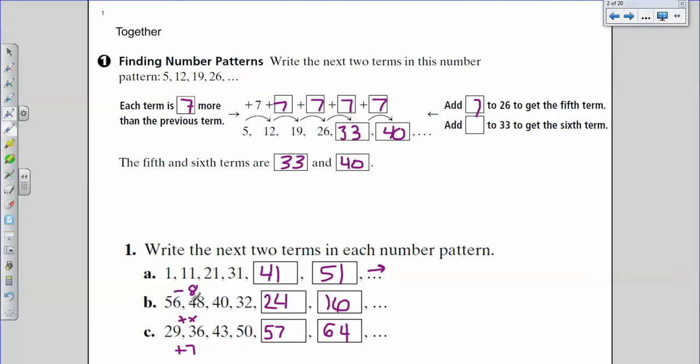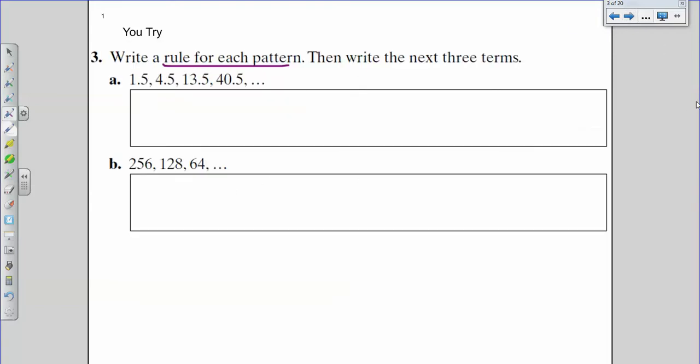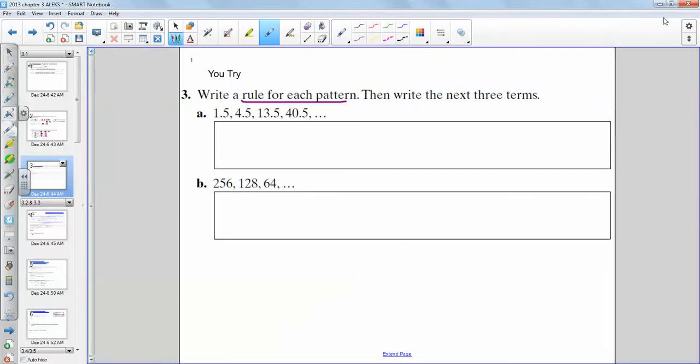Here I would say start with 56 and subtract 8 repeatedly. Here I would say start with 29 and add 7 repeatedly. So I want you to try that for these two. And I'm going to pause and you pause, and then we'll see each other in just a second.